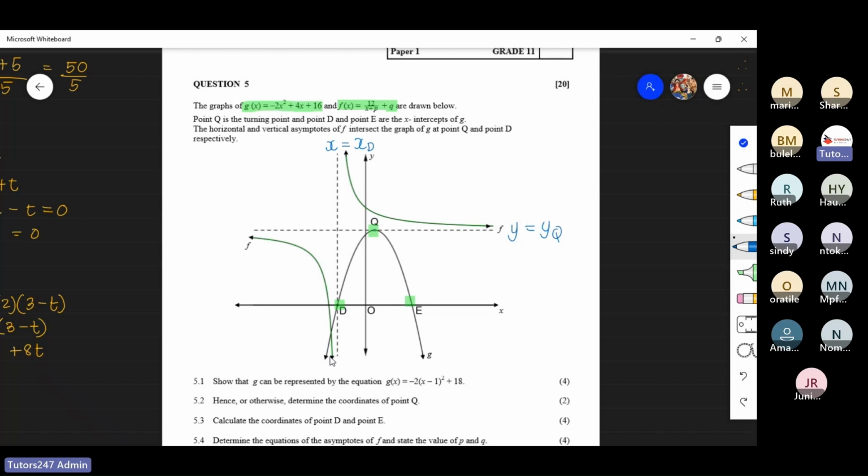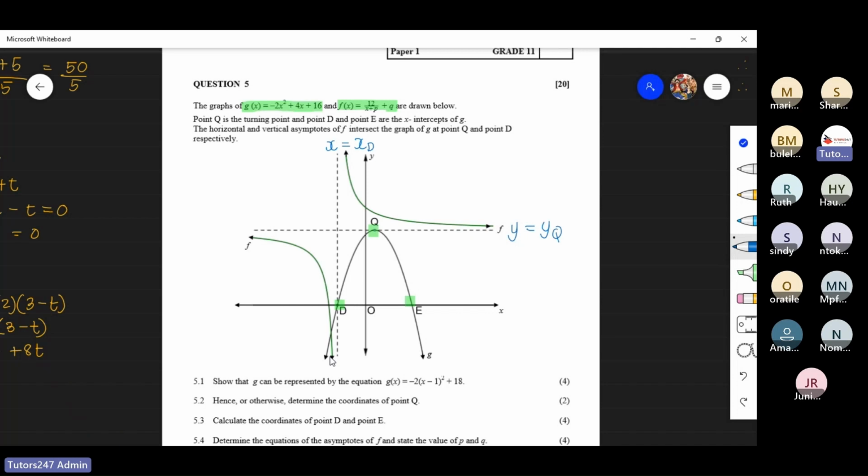Something important to note is that asymptotes are imaginary lines on a graph whereby the function itself does not touch those lines, meaning that at those dotted lines, the hyperbolic function does not exist.